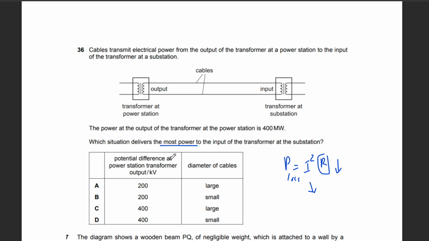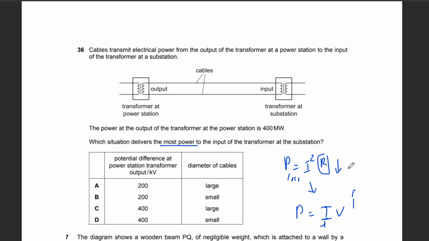So for potential difference, we say that P is equal to IV, and we want the current to be smaller, so voltage has to increase. We will take the larger voltage values, which is C or D.